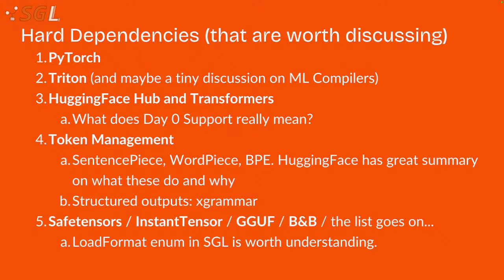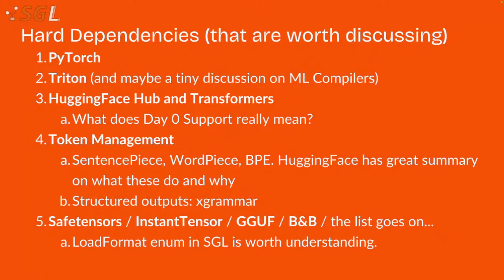All of these are the fundamental ways, if you were to break down token factories, you can't get tokens without tokenization, right? And so this is a hard dependency of language models themselves. There has been some interesting research on hierarchical models or H-Nets, but I think that's a conversation for the future.